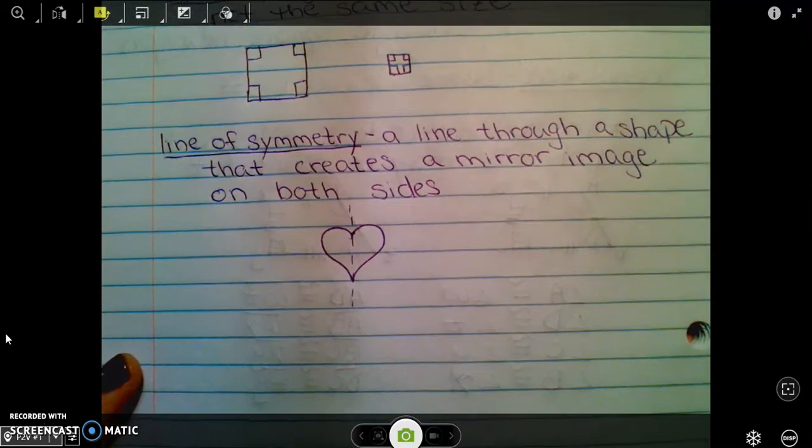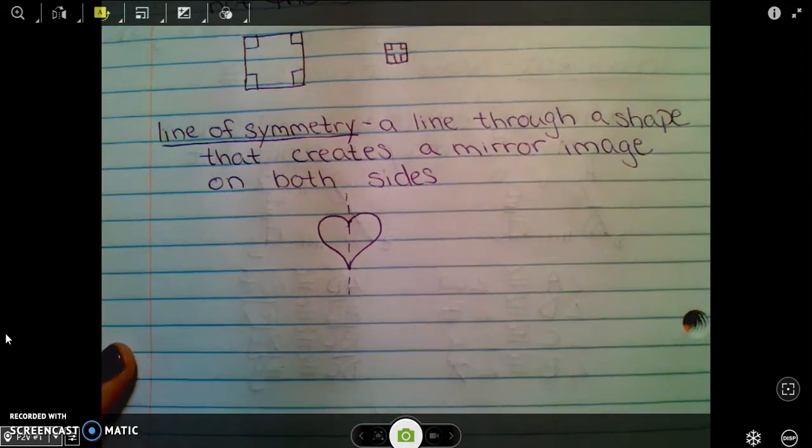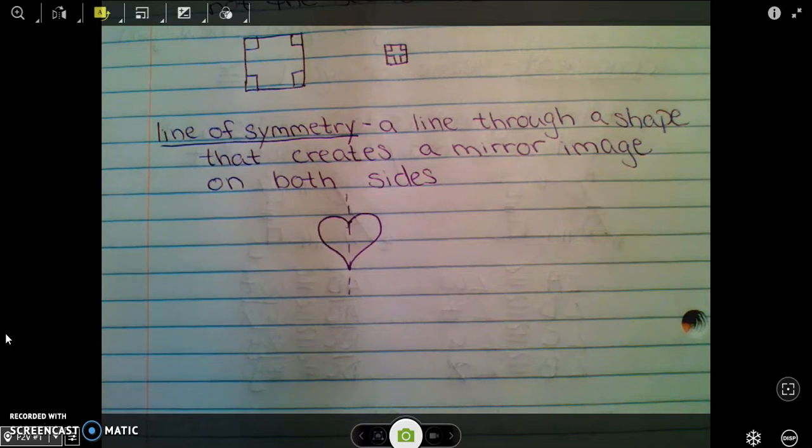Okay? After line of symmetry, we're going to write regular polygon.